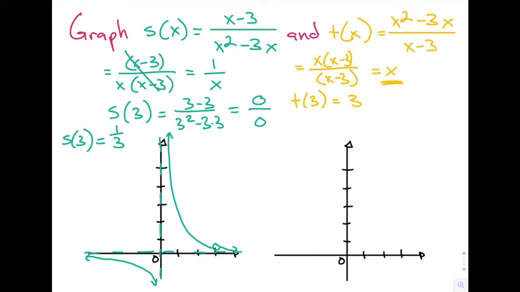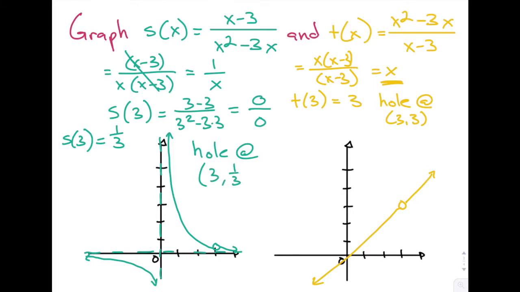We just get 3 back out. So at the coordinate pair 3, 3, we have a hole. We find that, draw a hole, and then, just as before, we draw our line as we usually would. And just to write it out over here too, here we have a hole at 3, 1/3.